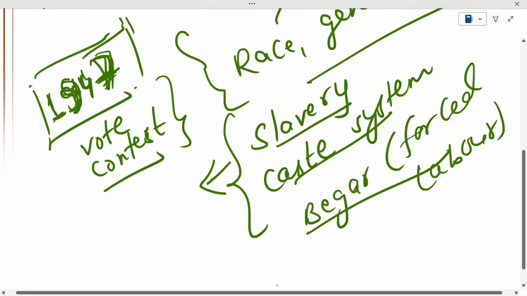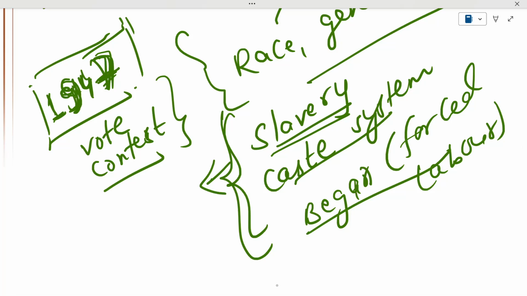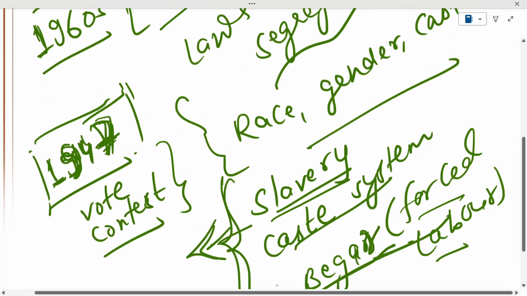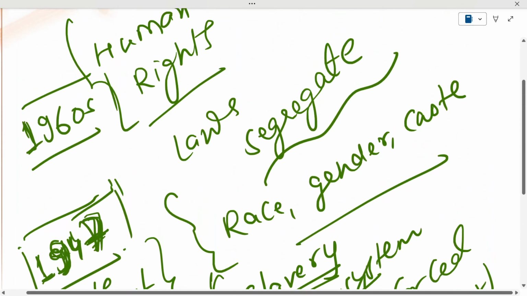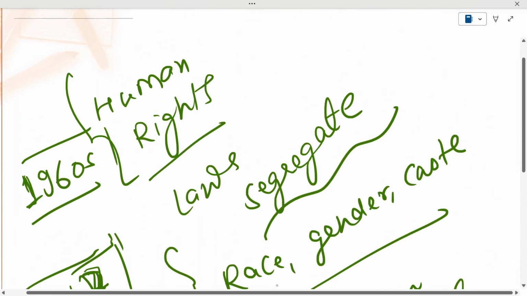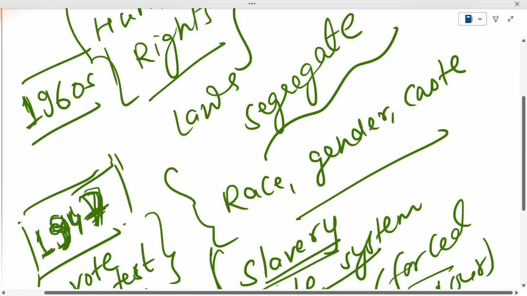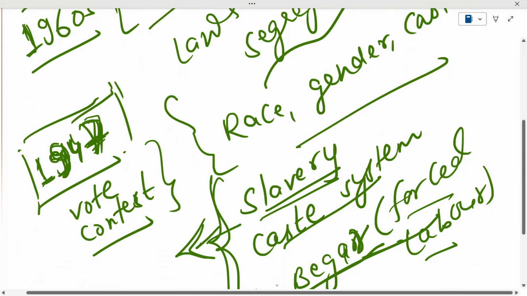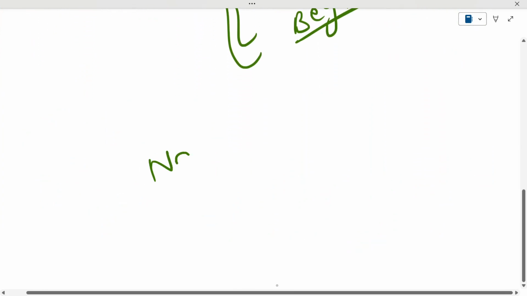And the people of these communities, people who were slaves, people who were oppressed in the caste system, people who were dying under the weight of forced labor, rose against such segregating laws by citing the concept of human rights. So let's take a brief look at it.